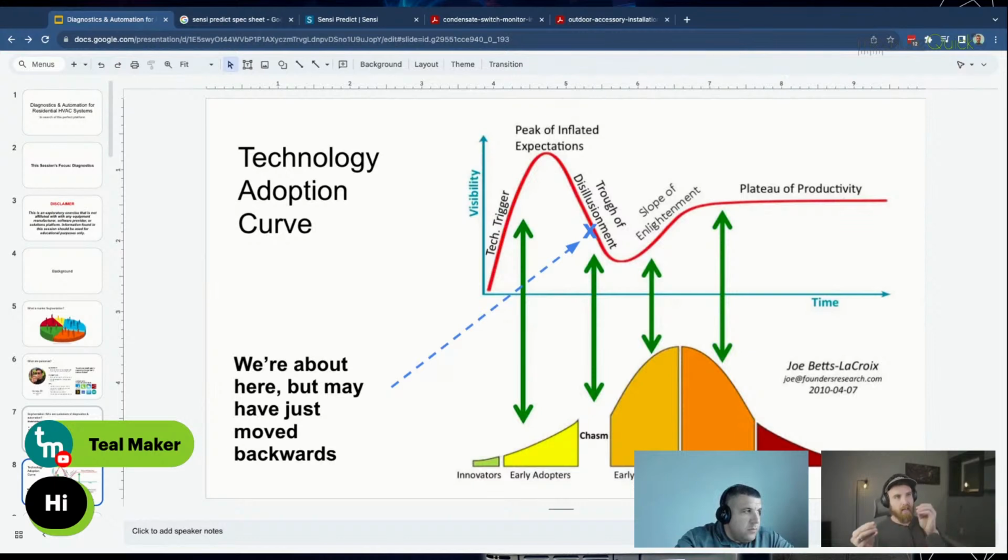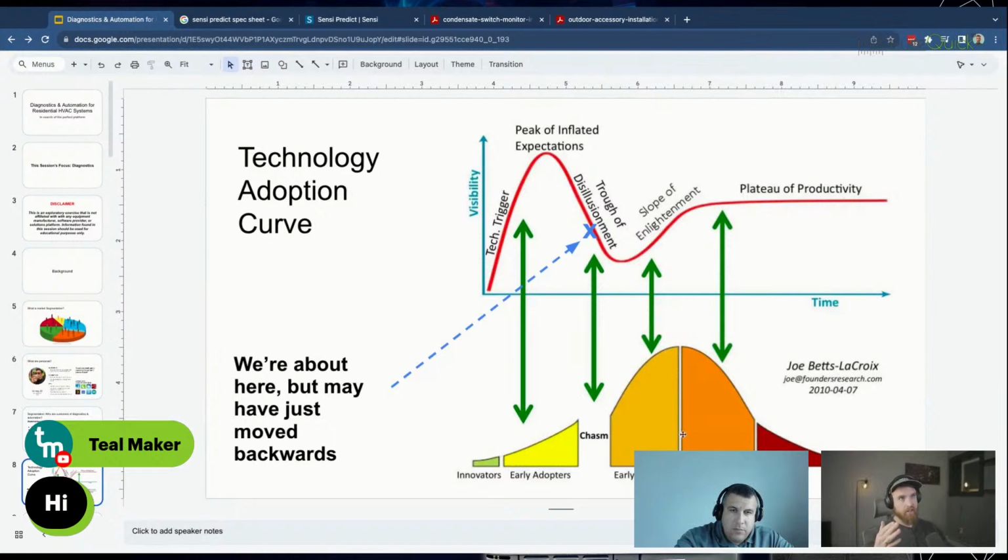You'll always have new entrants that come in, try to solve a really big problem, try to overcome limitations that are either market generated or technologically locked. And then it creates this trough of disillusionment, or chasm, between the early adopters and early majority.